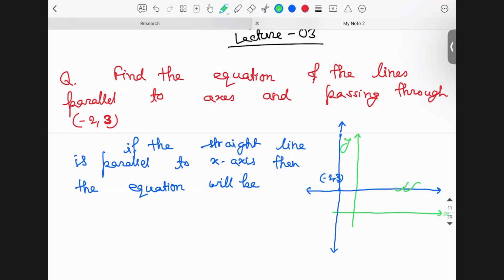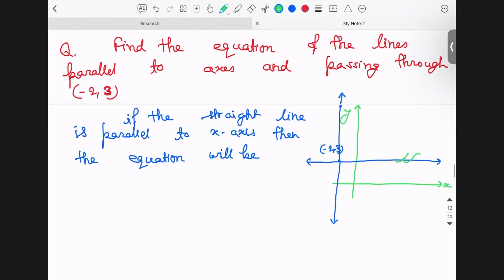So the equation of the straight line will be y equals to 3. Or else we can take any arbitrary point on this straight line and find the equation of the straight line, because any point on the straight line will be like x comma 3. From there also you can find the equation.